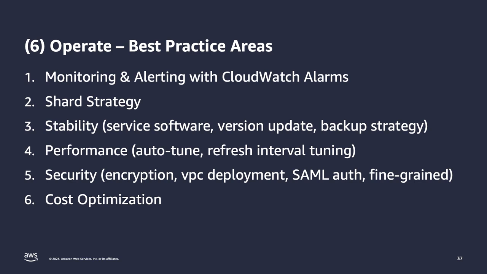The fifth best practice area is making sure that you have proper security controls in place within Amazon OpenSearch Service. You can enable encryption at rest and node-to-node encryption, which is our recommendation. You do have an option to deploy your Amazon OpenSearch Service cluster within a VPC or have public access.